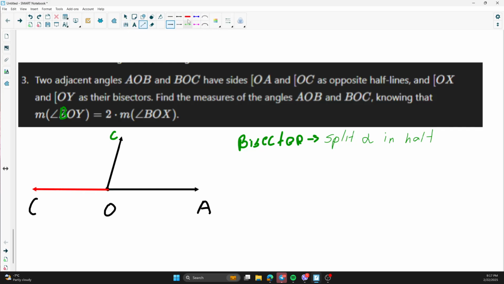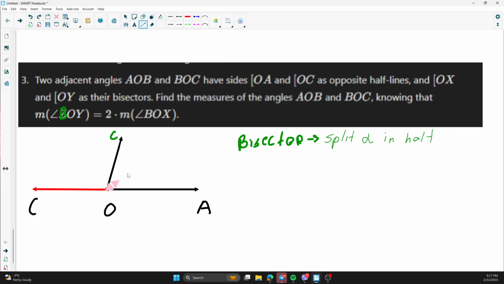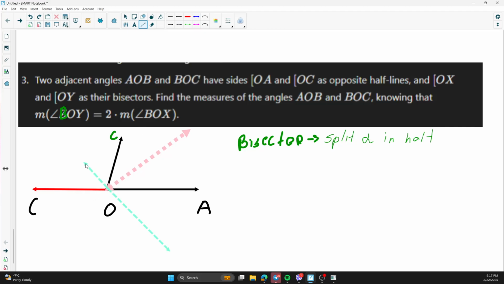I'll change the color a bit to purple. So this one, this one, and this one. Here's X, here's Y.